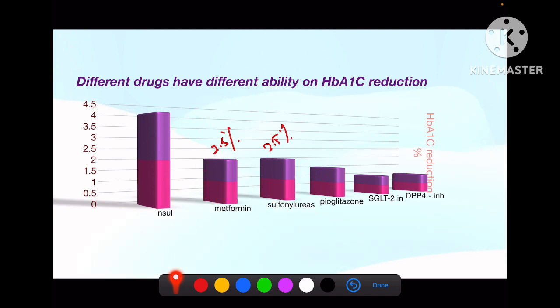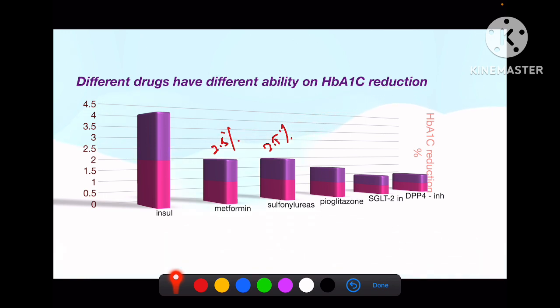Metformin and sulfonylurea both have the same ability to reduce your HbA1c by 2 to 2.5, right? The other thing is that metformin has lots of non-diabetic benefits also. That's why we consider metformin the first line agent for diabetes. We will discuss all those things when we discuss each category.